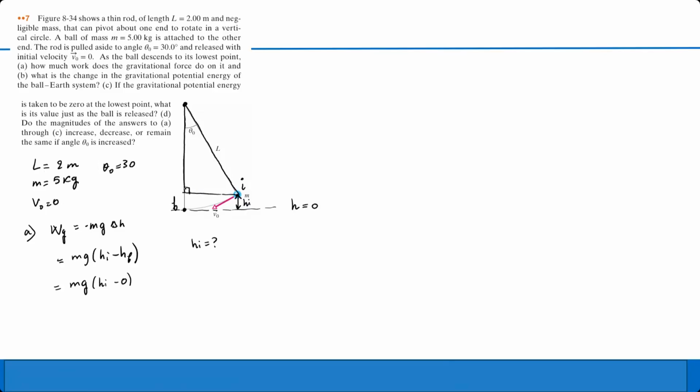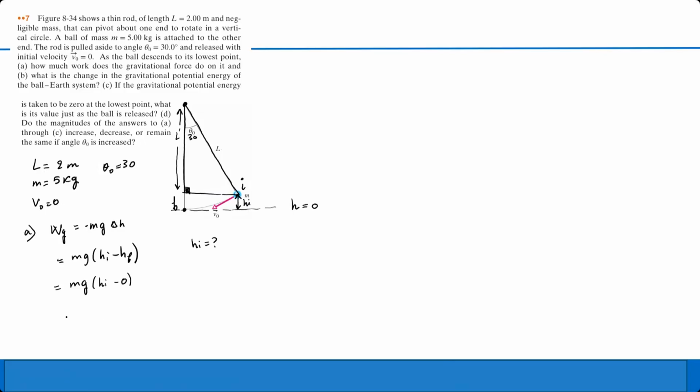This is a right triangle with a length L that I know over here and an angle that I know which is 30 here. I will deduce this length. Let's name it L prime. L prime is none other but L cosine 30.